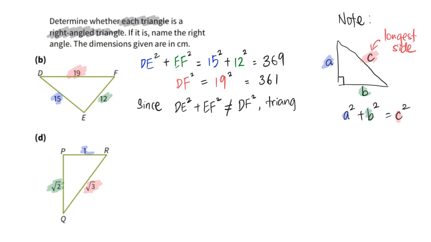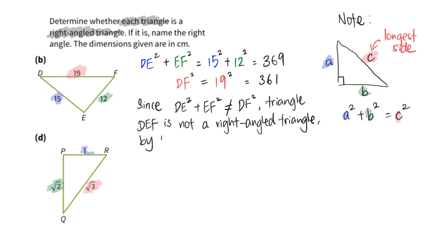Triangle DEF is not a right angle triangle. By the converse of Pythagoras theorem. So that is for part B.